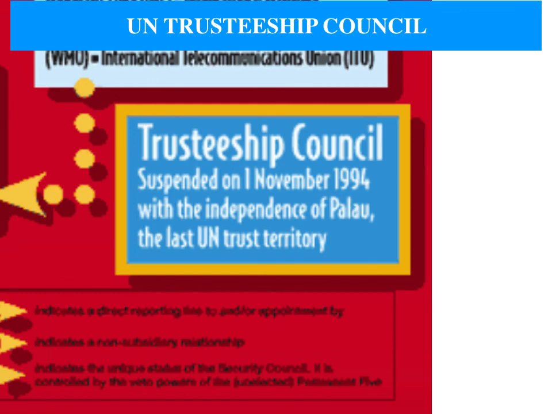The job of the United Nations was to help them prepare for self-government and independence. With the passage of time, many of these territories became independent or joined independent countries. With the independence of Palau, the last UN trust territory, the Trusteeship Council was suspended in 1994. And as I said before, this Trusteeship Council is no more functional.